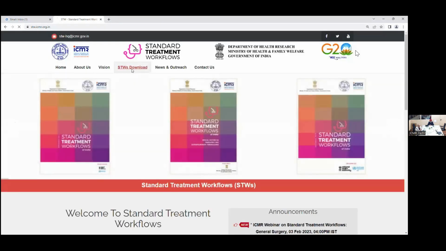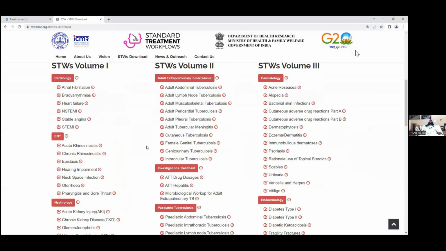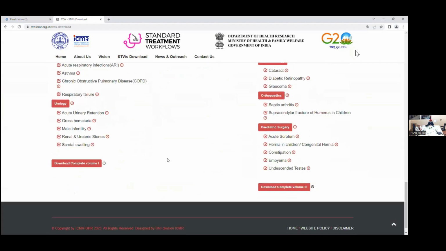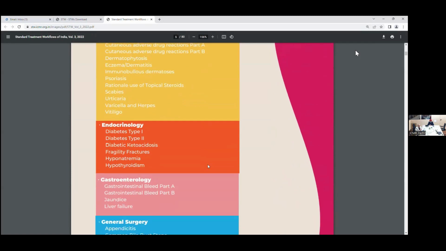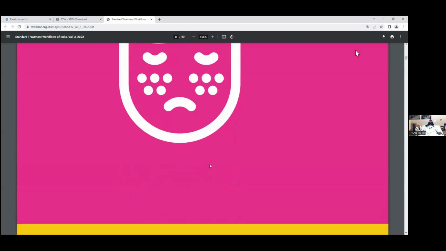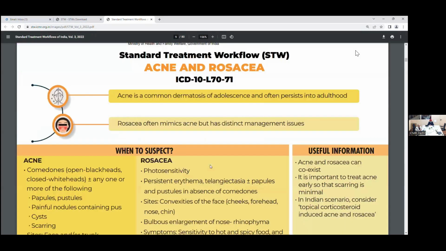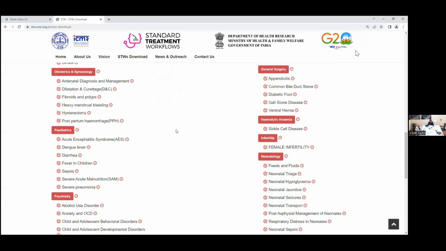Similarly, we have arranged all the STWs volume-wise also. On this page, you will be able to see the complete book format. For example, volume 3: you will be able to see all the STWs which are available under volume 3. Similarly, you can download volume 2 and volume 1 also.